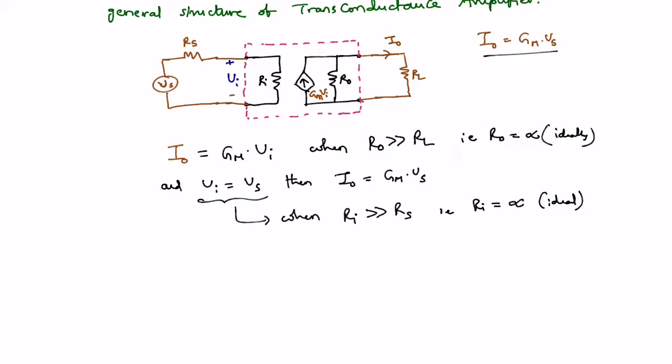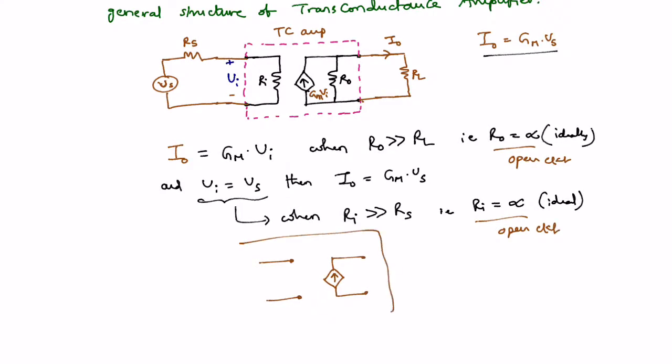If you use these two values, the internal block diagram of the transconductance amplifier will look like this. R naught is very large, so it acts as an open circuit, and Ri is also very large, so also an open circuit.